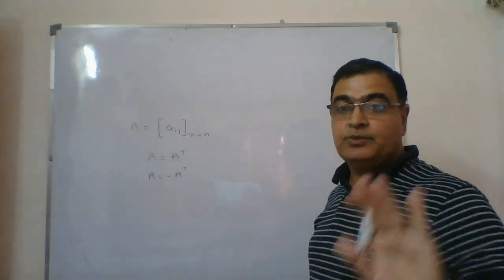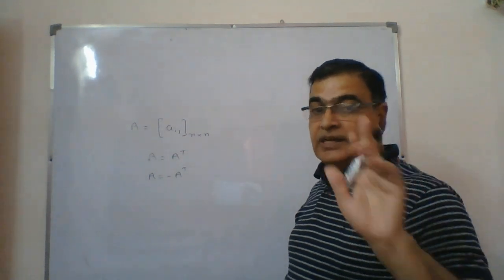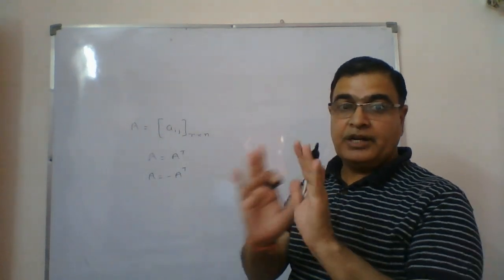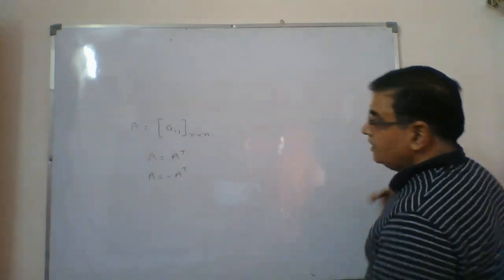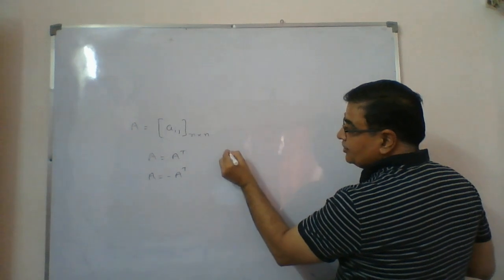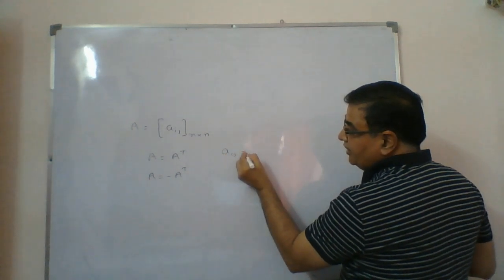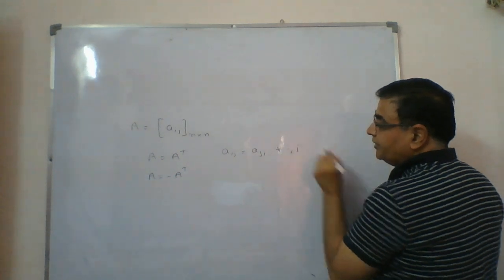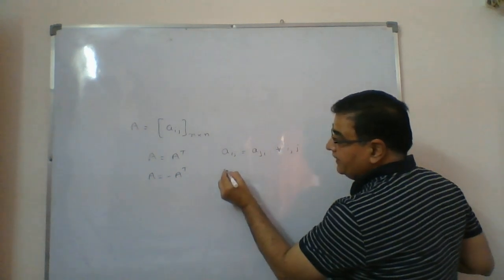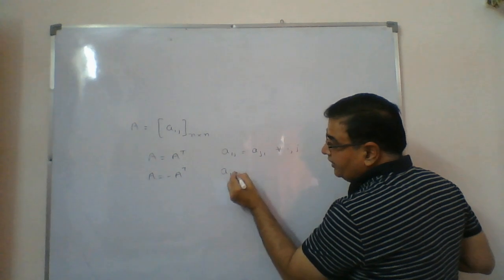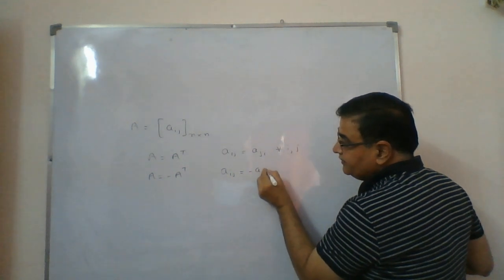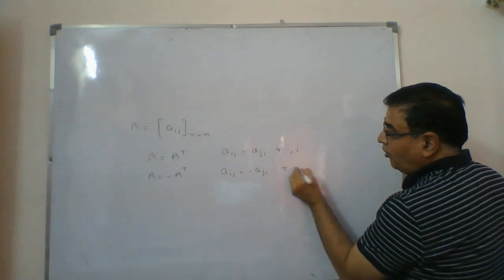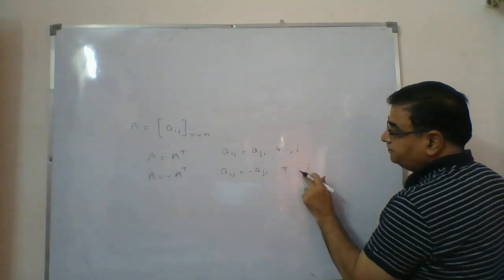This is only possible when the matrix is a null matrix, when symmetric and skew symmetric will be equal. Whenever you have the symmetric condition, Aij will be Aji for all i and j. The second condition, when it is skew symmetric, is Aij will be minus Aji for all i and j.